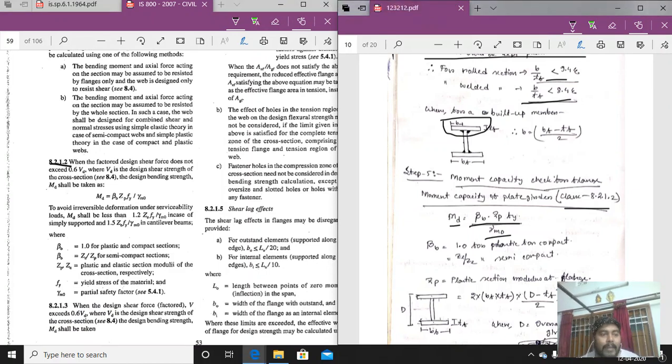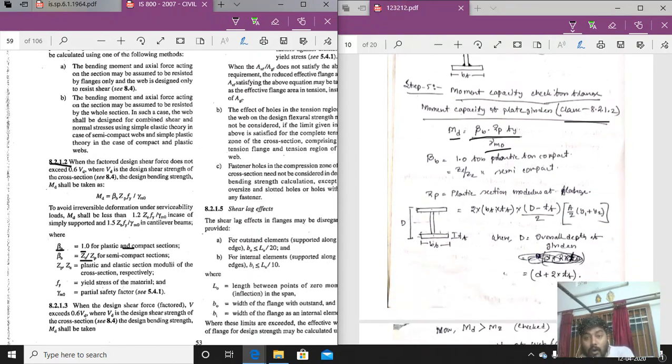So beta B is equal to 1.0 for plastic and compact, and beta B is equal to Zd by Zp for semi-compact, that we know. I have written here also. Zp is the plastic section modulus of the flange member only. So we have to determine the plastic section modulus of the flange only. This is the flange. The plastic section modulus has to be determined by the flange only.